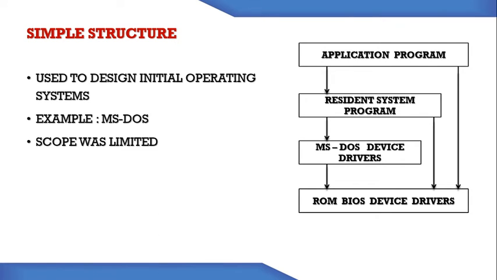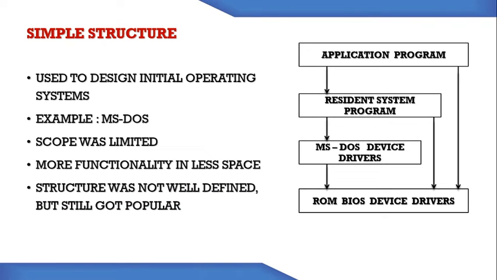It was designed to be implemented by only a few people and designed to give more functionality in less space. So this structure was not well defined, but still the operating system got so popular that the structure was used in many systems at the time.